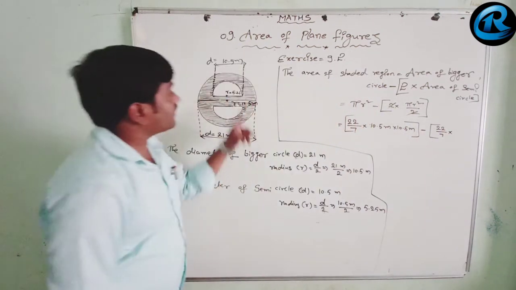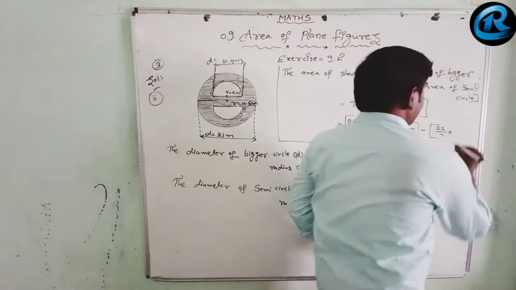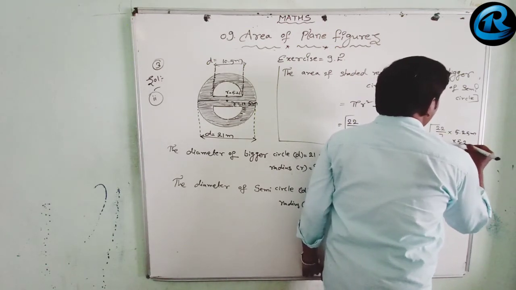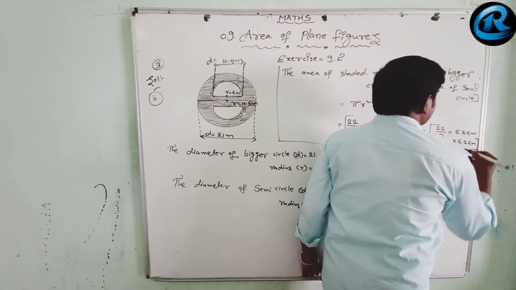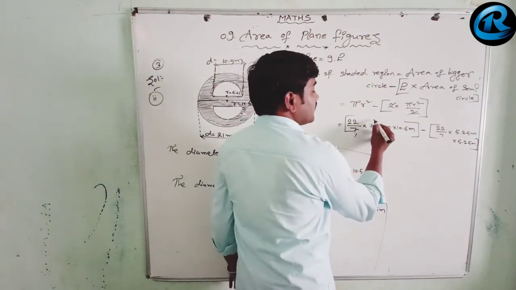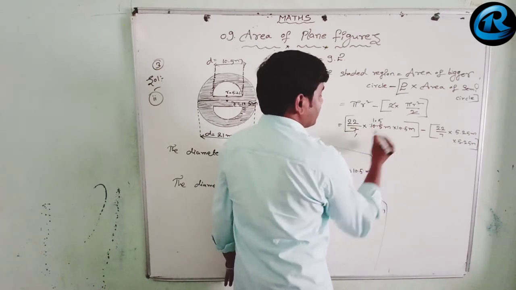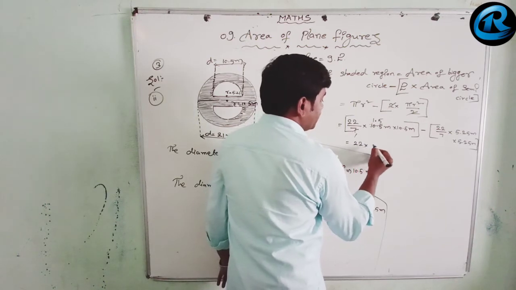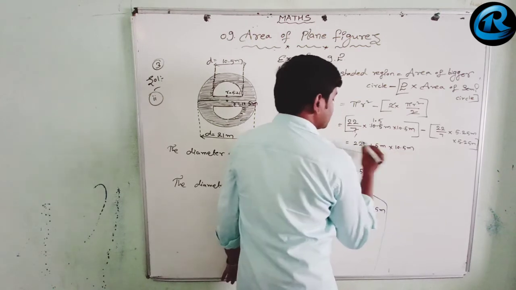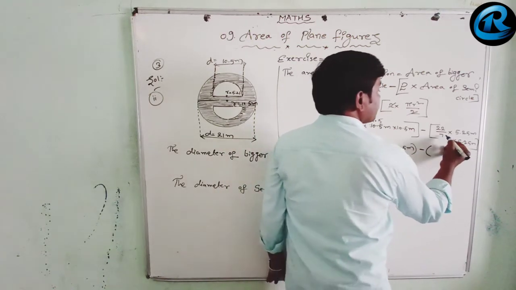R value is nothing but the radius of the smaller semicircles, that is 5.25 meters into 5.25 meters. So here you cancel this. 7 1 is 7, here 3 will be left, 7 1.5, that equal to 22 into 1.5 meter into 10.5 meters. This all minus this.